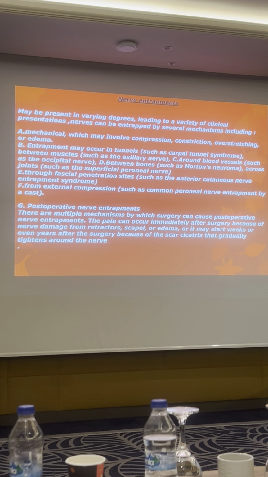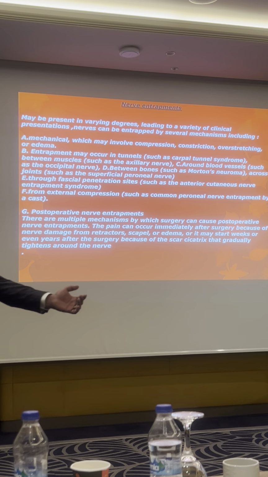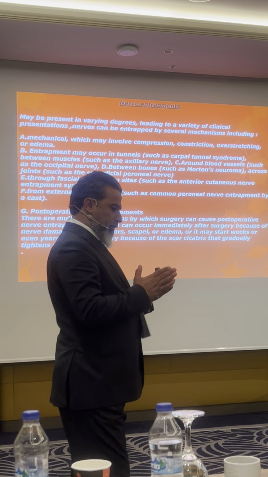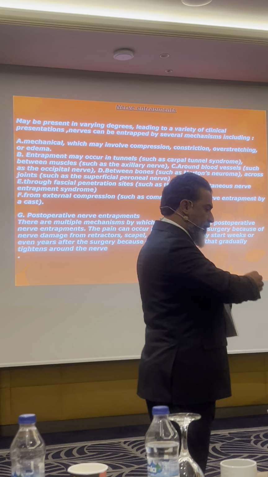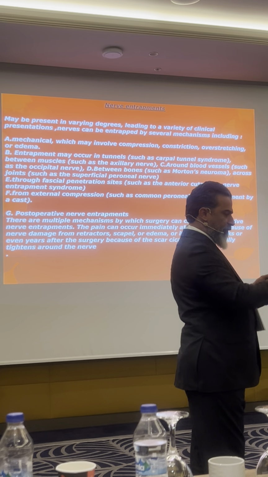So what is the mechanism? How is the nerve damaged? When there's trauma to the nerve, edema starts. The edema compresses the nerve at the site where it penetrates from its pathway into the fascia.